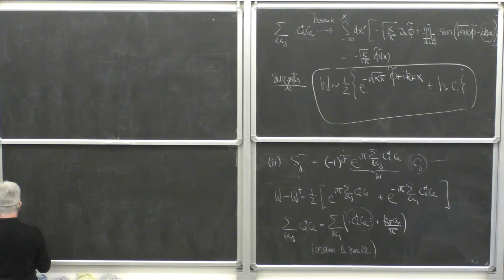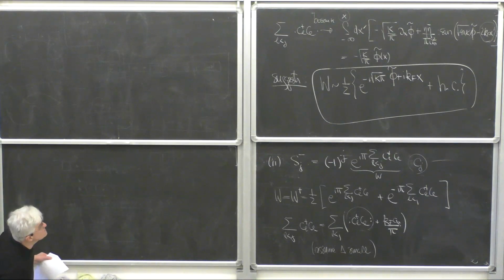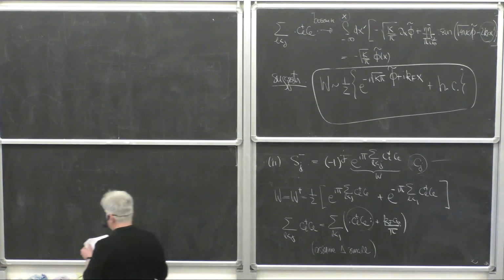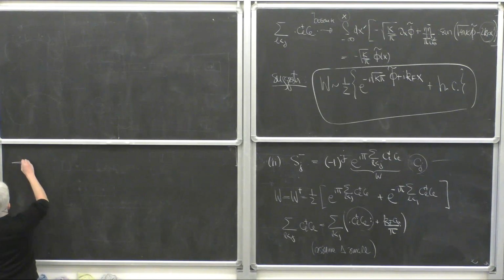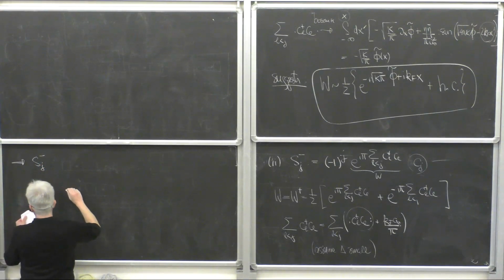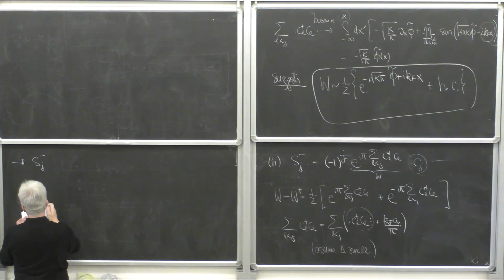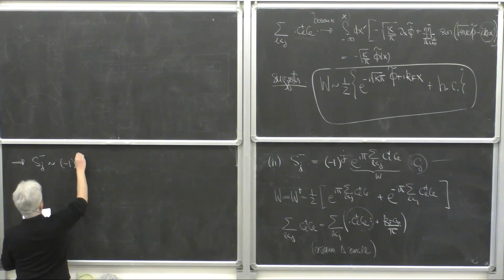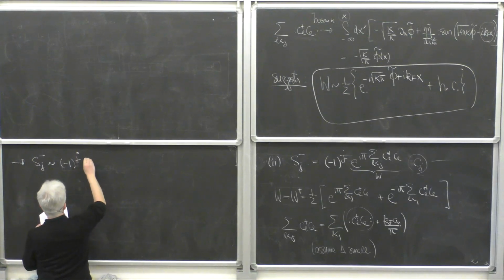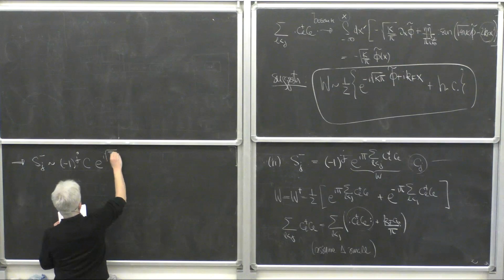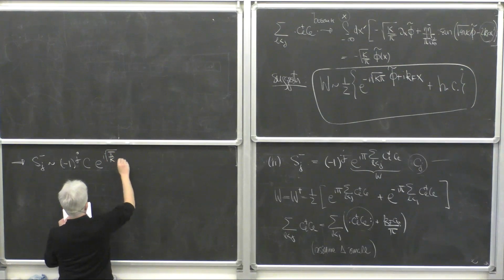Okay, so I've written W. And then this gives us that S minus J is minus 1 to the J times C times e to the I square root pi over k theta tilde.